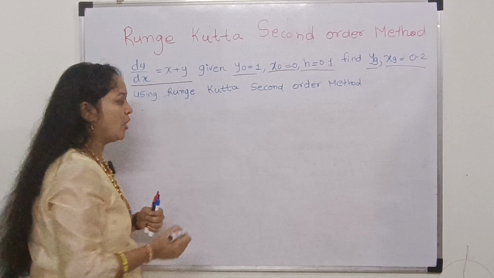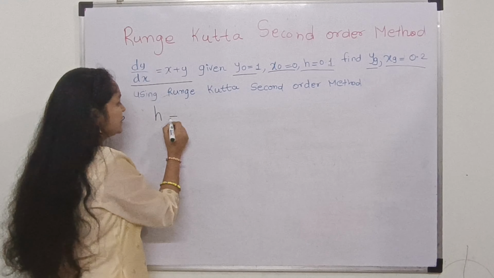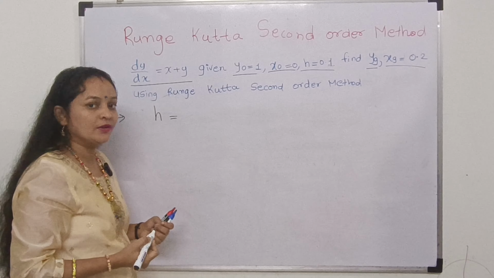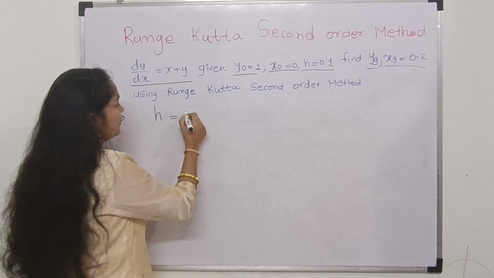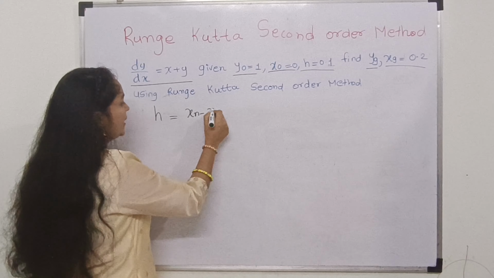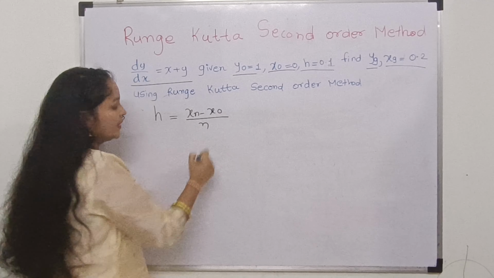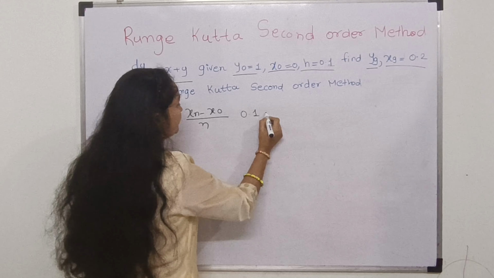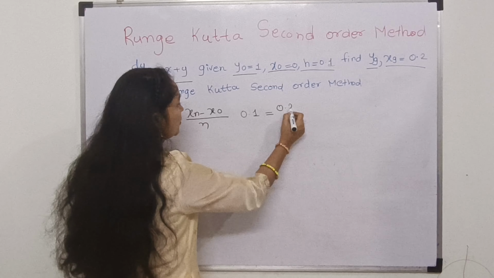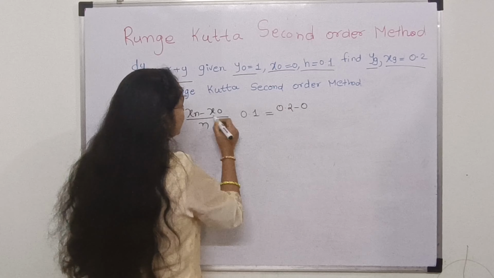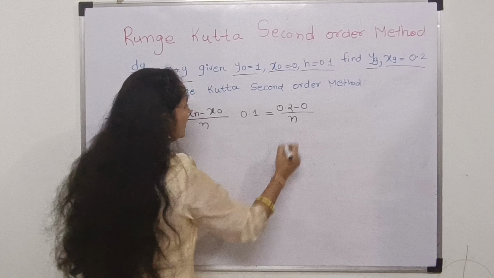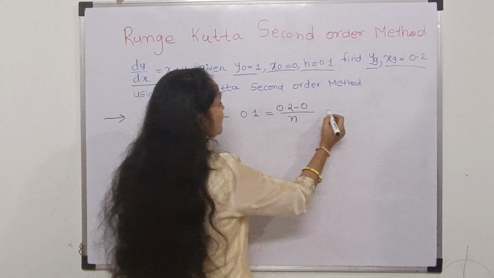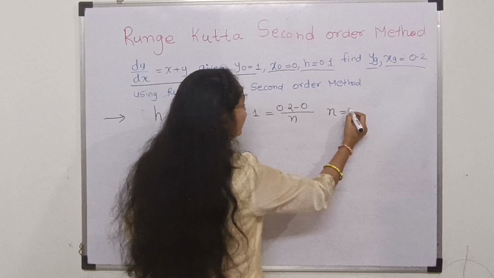Solution of this particular problem: h is the step size. So h is equal to xn minus x0 by n, right? So h value 0.1 is equal to xn, 0.2, minus x0, 0, divided by n. So you are supposed to calculate n.